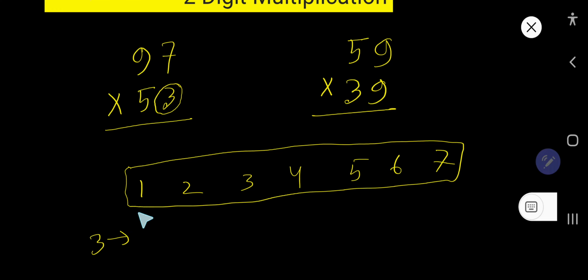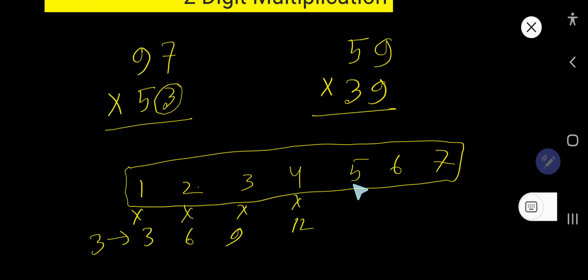So 3 times 1, we know that's 3. 3 times 2 equals what? Just add 3 to the previous step, 6, right? Then 3 times 3, just add 3 to this 6, that is 9. And in this process you need to go forward. 3 times 4, just add 3, that is 12.